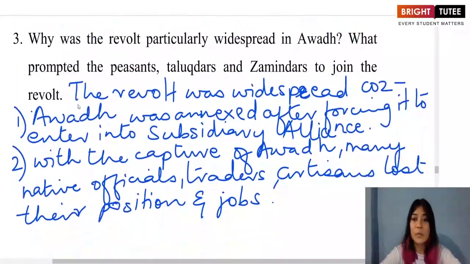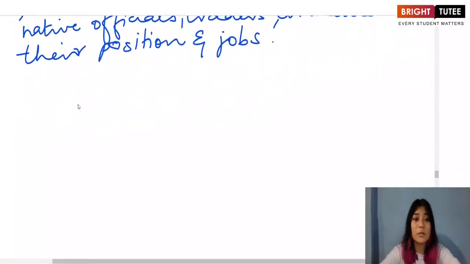Now the next part of the question. What prompted the peasants, talukdars and zamindars to join the revolt?